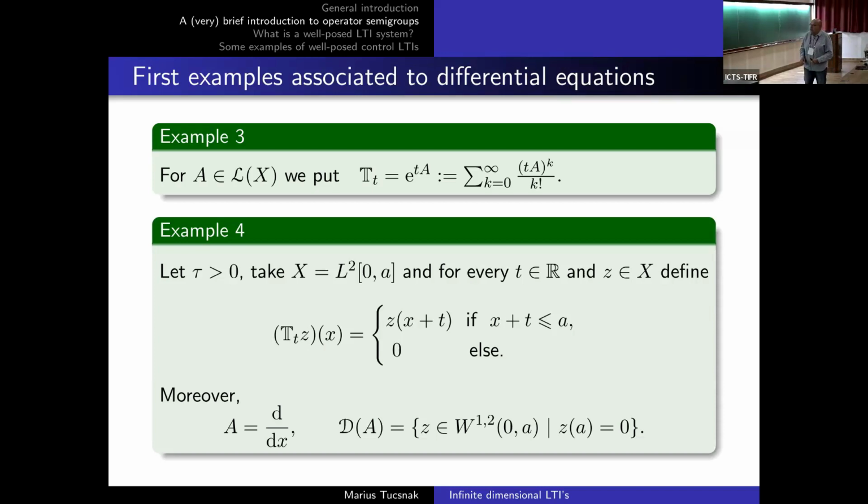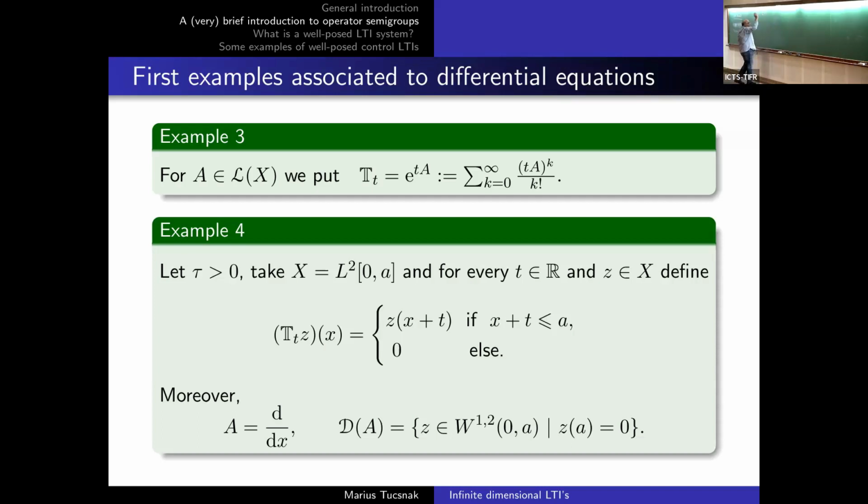In fact, how do I connect this to a PDE? The PDE which is behind that is the most elementary transport PDE, which will be, let us make a notation, dW over dt at t and x.